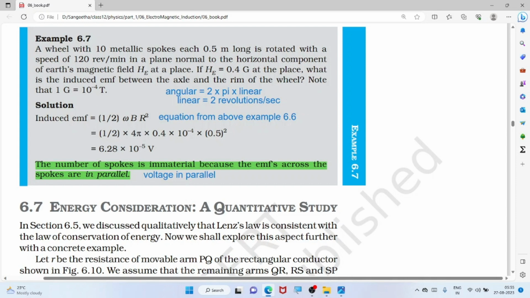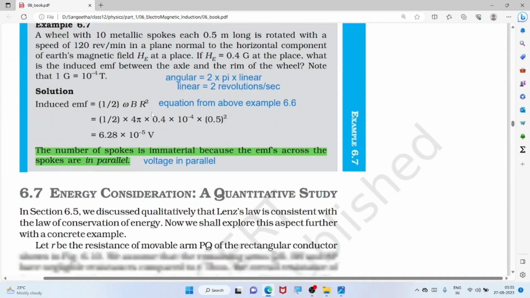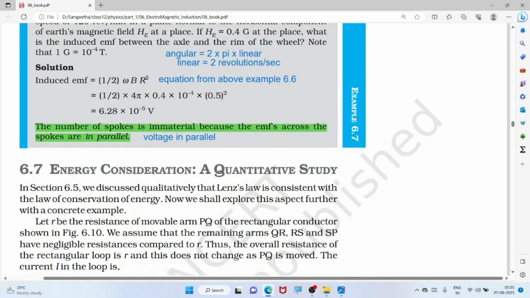This equation comes from this, and here we arrive at the equation B omega R square, half of it. So we have that equation here.